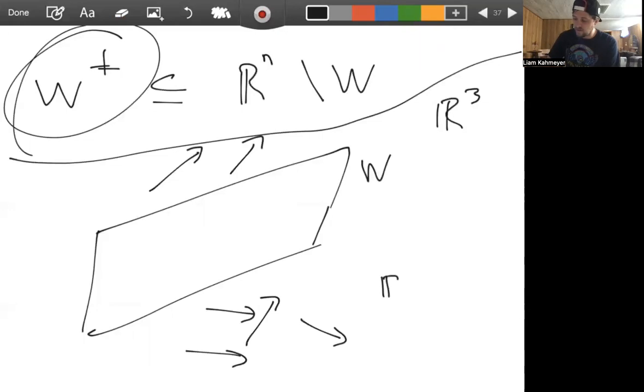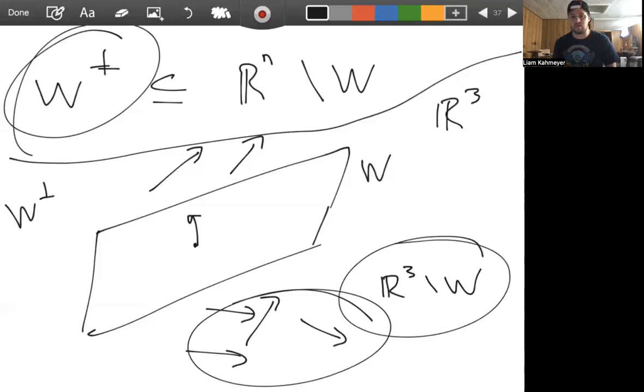So the rest of this is R3 minus W. So what W perp would be, it would be the subset spanned by normal vectors, right? It would be the subset spanned by the vector normal to this plane. And clearly that's a pretty small percentage of all vectors in R3 without W. And so that's what the orthogonal complement is.